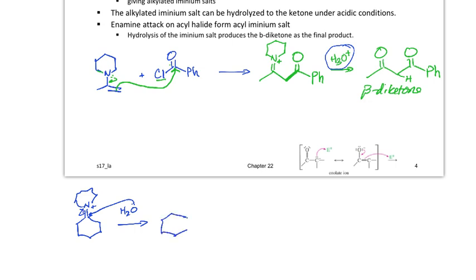So that will give us water here. And what you should notice, each one of those steps is an equilibrium process. But what you should really notice is that we're now returning the same way we started. So this is the backward direction from how we formed that enamine or iminium salt.